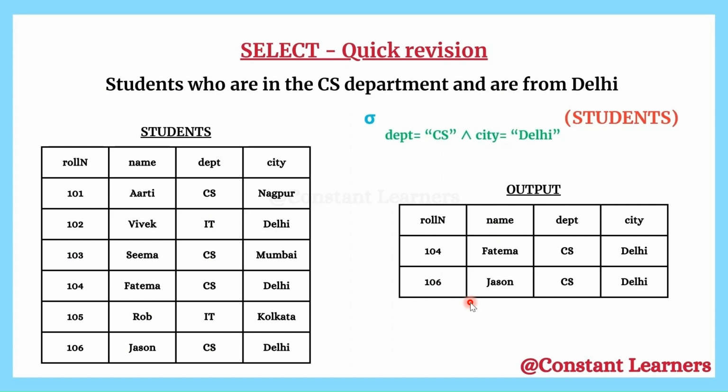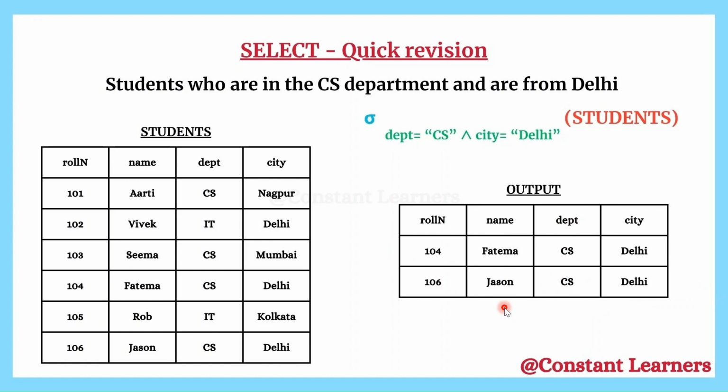We need to remember that in the select operation, we get entire rows as output. And we're talking about relational algebra, which is used on relational databases where the data is stored in the form of tables, and thus the output is also received in the form of tables, right?